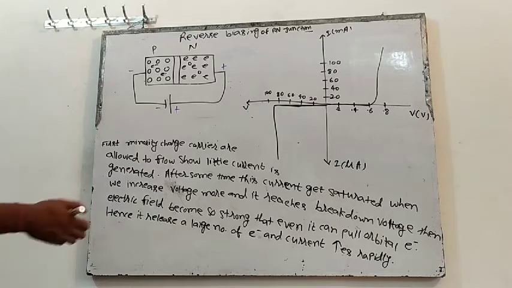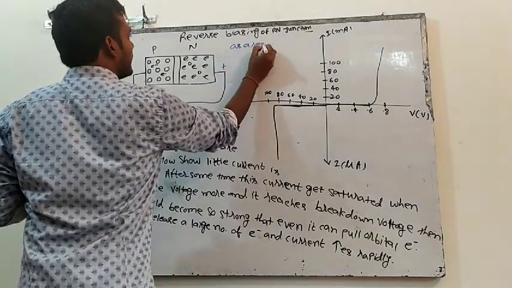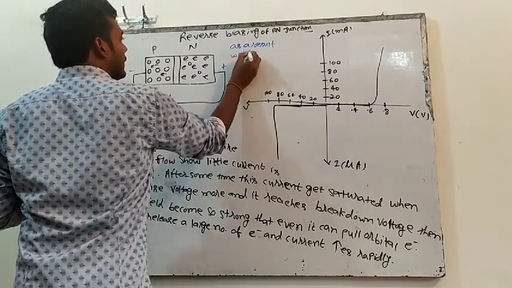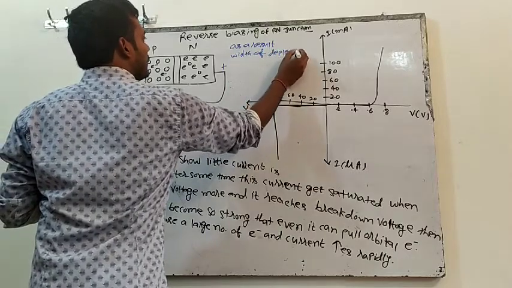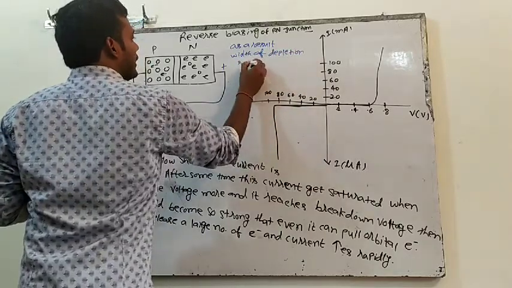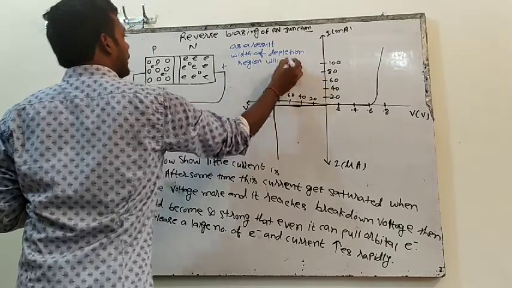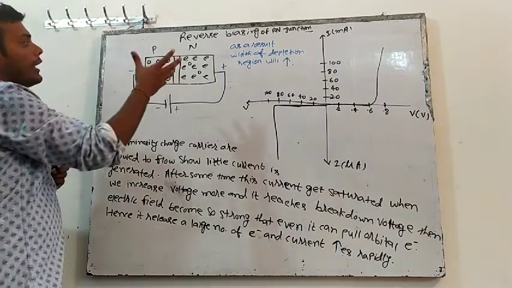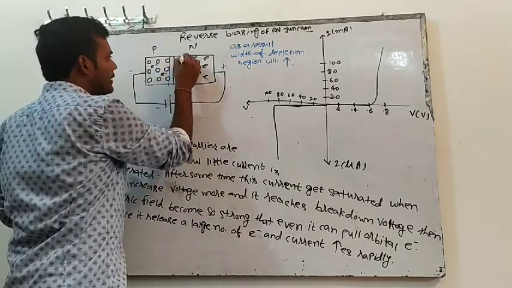So write it: as a result, the width of the depletion region will increase. If the width of the depletion region increases, then what will happen? This depletion region will come like this.